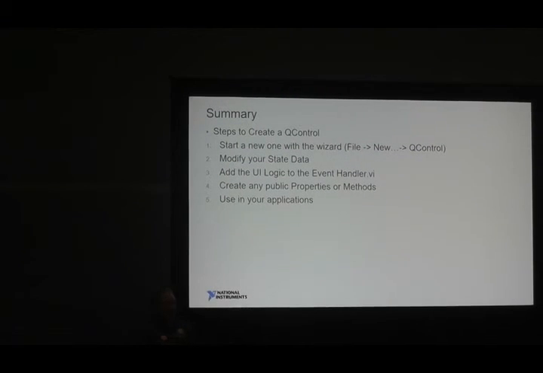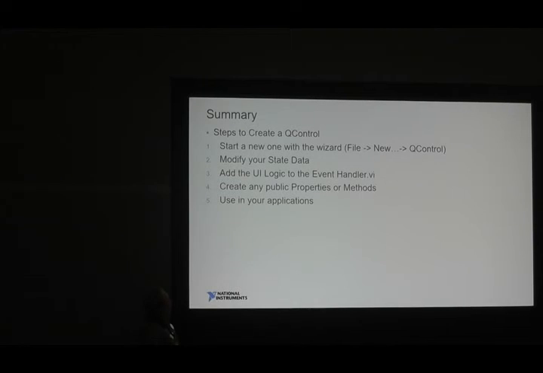You don't necessarily have to. Then you add UI logic to the event handler, and add any properties or methods that you want. Creating a property is just as easy as creating an accessor, but instead of just having a read or write in there, you can do other stuff. Then you can use it in your application.